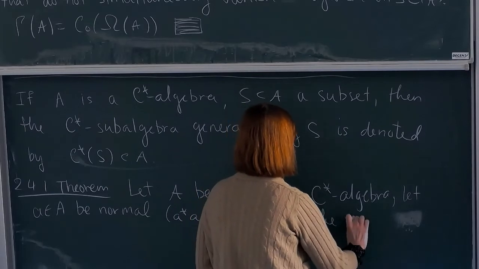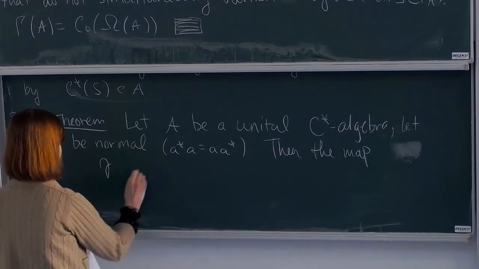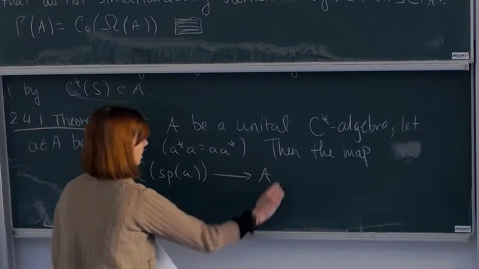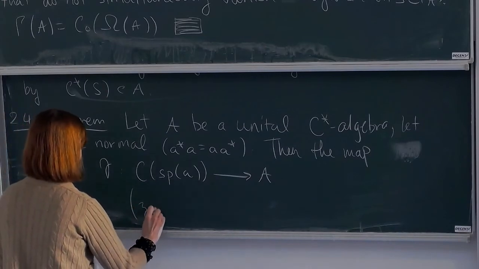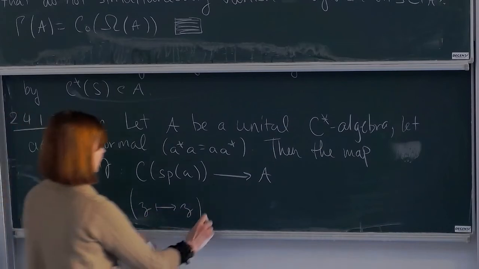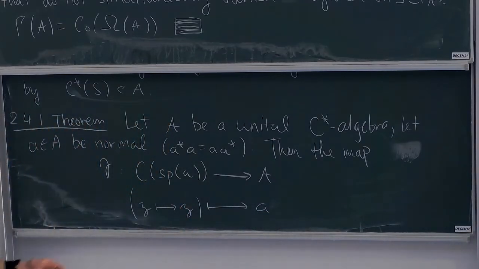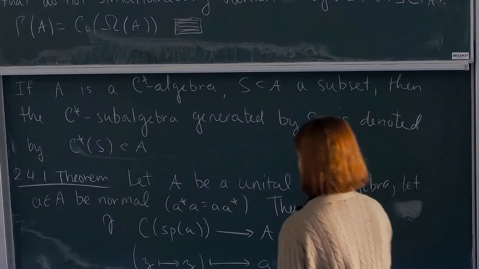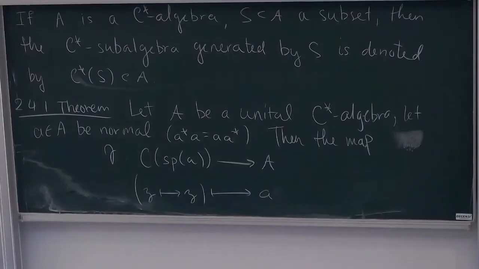Then the map gamma from the continuous functions on the spectrum of A into A, which maps the identity function to the element A, is an isometric star homomorphism whose image is the C-star algebra generated by A and the unit of the C-star algebra.